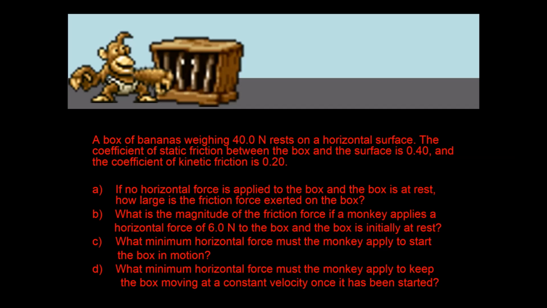There are several questions here, A, B, C, and D. The first one talks about no horizontal force being applied, and then we're going to apply different forces to this box that we will deal with in turn. So for your diagram, of course, you've got a weight of 40 newtons, you have an F of 6 newtons here, and of course you're going to have some static friction that this monkey has to overcome after he's applied his driving force.